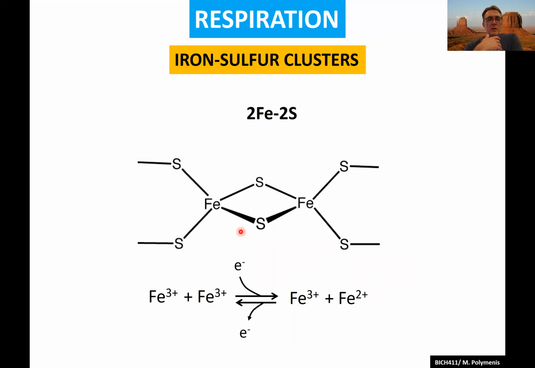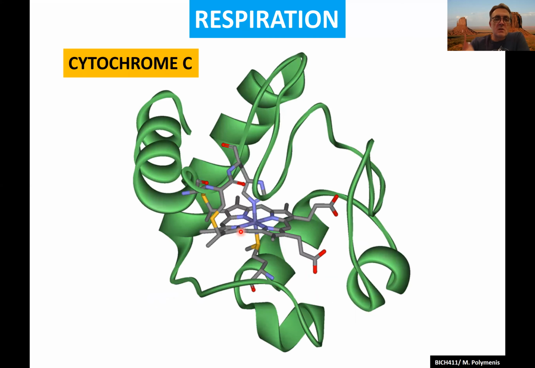But that's not all the iron we have in cytochrome C. Many proteins of these electron transport complexes, or I should say, so cytochrome C is a solo protein. It likes to be in the aqueous environment, touching the membrane, but in the aqueous environment.